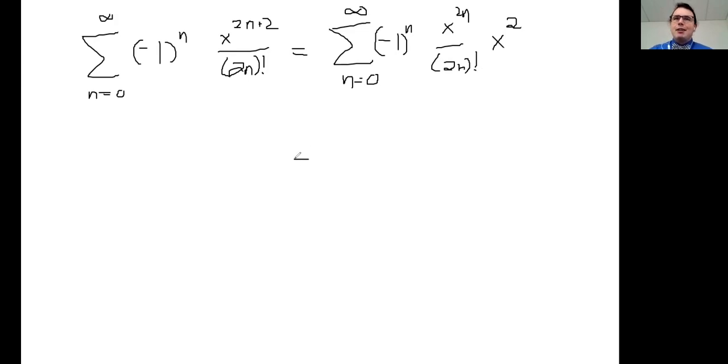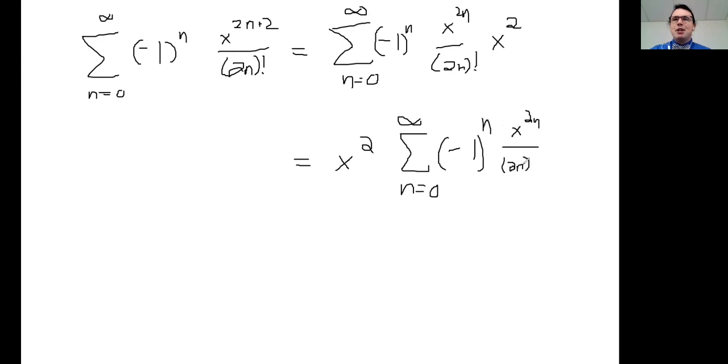So for the fact that the x squared term does not have an n in it, I can factor it out of the sum. So what am I doing here? I'm using the distributive property of addition. It just looks a little bit different in the context of power series.